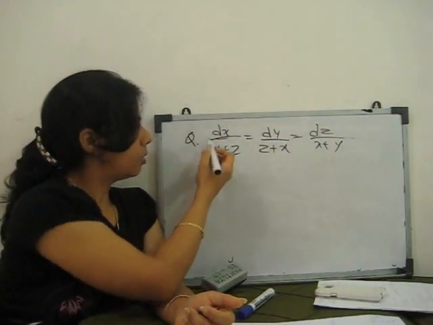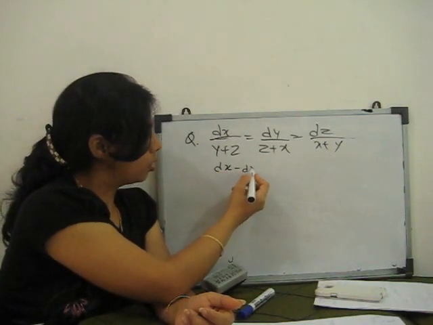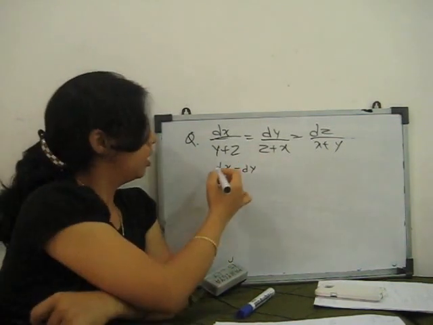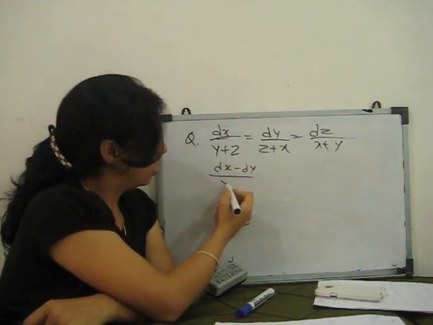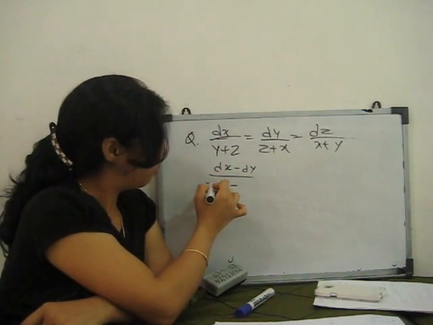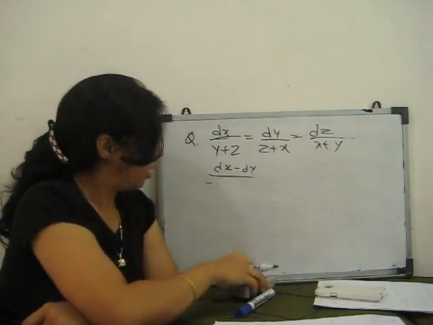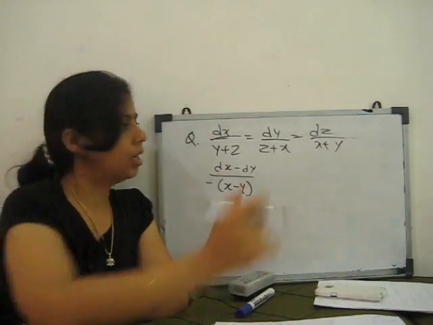So sometimes we first take the relation dx minus dy. We find dx minus dy gives, with y plus z minus z plus x, y minus x. If we take the minus outside, it gives minus of x minus y. Clear?